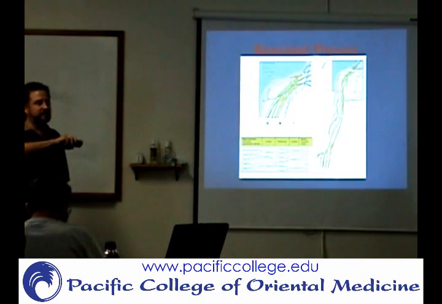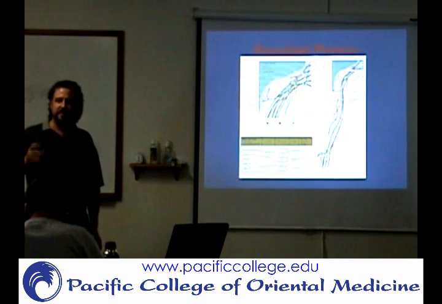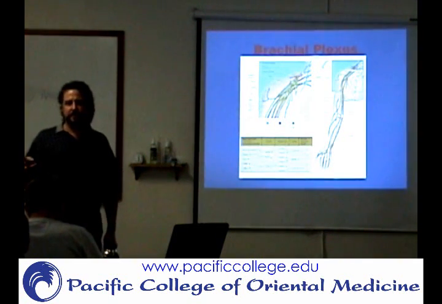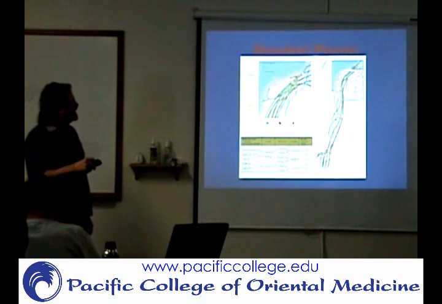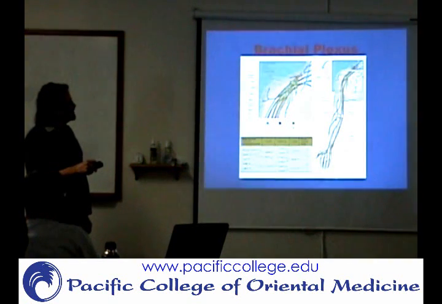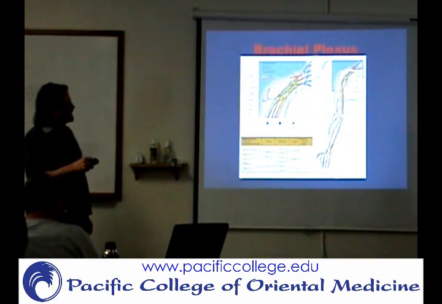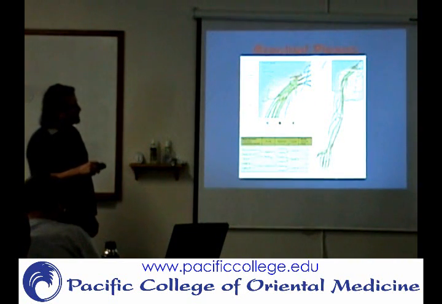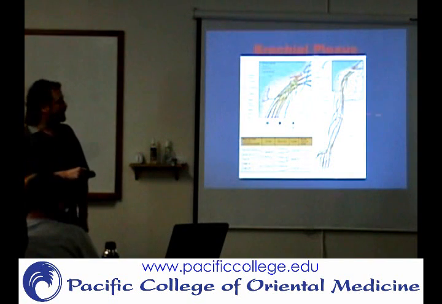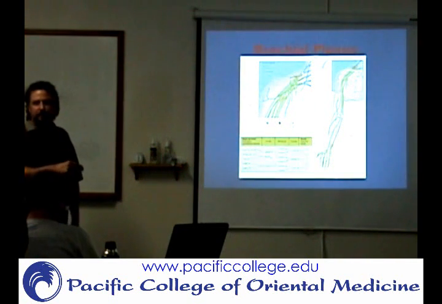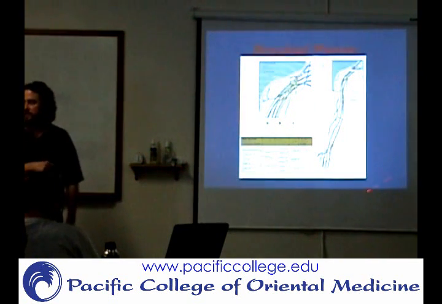Actually, in this case, it's going to be C4 maybe, but C5, C6, C7, C8, and T1 are usually the main things that are considered part of the brachial plexus. So first you have roots, then you have trunks, and then you have divisions and cords. We're not going to get into so much of that, but understand that at the other end you have peripheral nerves, which are named nerves. Okay?